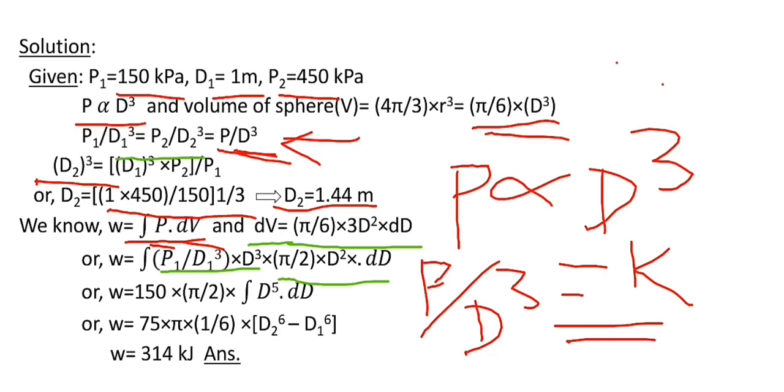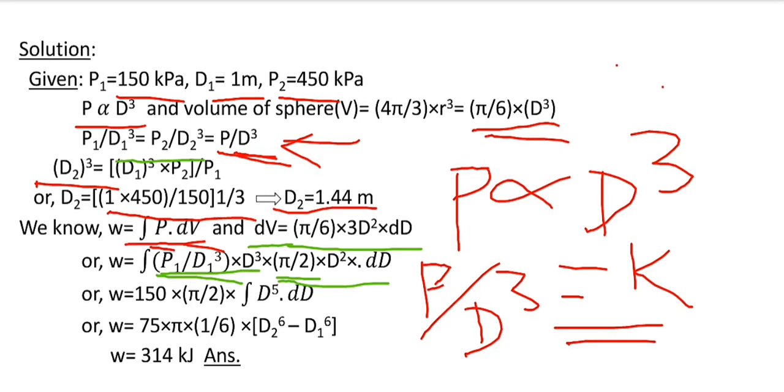Here this term is constant and pi/2 is constant, so they are kept outside the integration sign, and d to the power 5 into dd is left.